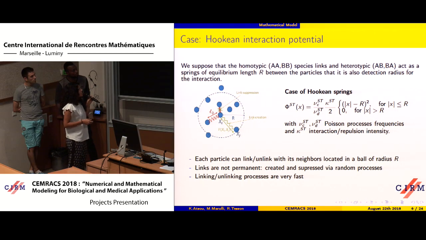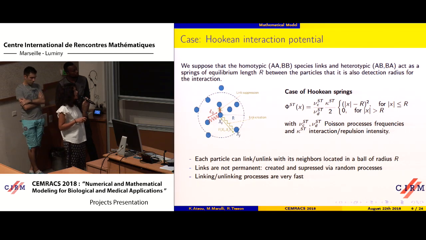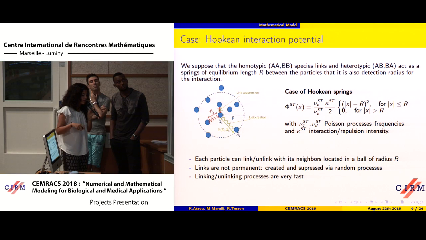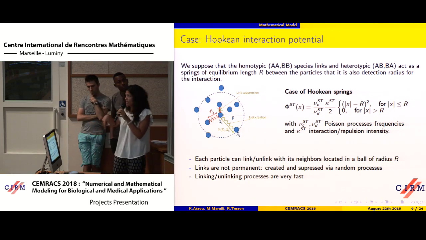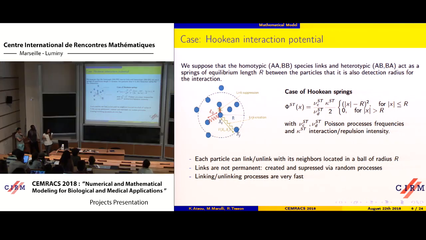In this case, we are imagining that our particles can interact with their neighbors that are located at distance r from their center. This particle acts as a spring, a spring that has an equilibrium length also r. This is the shape of the potential.